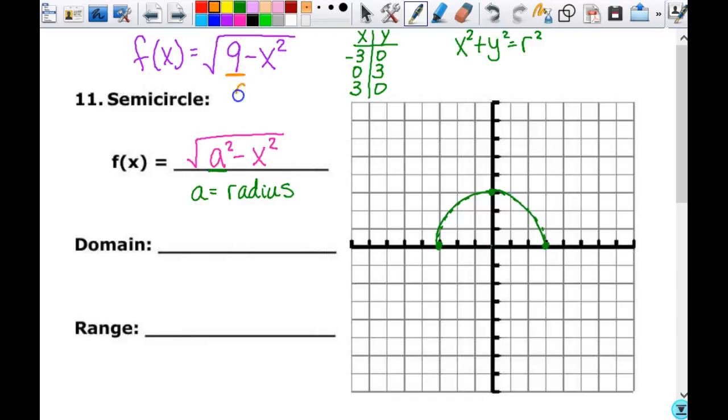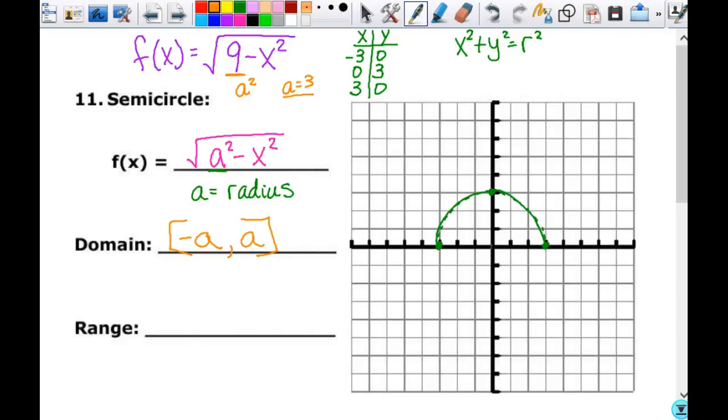This is a squared. So a equals 3 in this specific case, and 3 is the radius, right? So a is the radius. So I go from -a. Do I include it? Yes. And then on the other side, it has to go to a, because a is the radius. Does that make sense to you? You see how to make it generic once you figure out what it is?